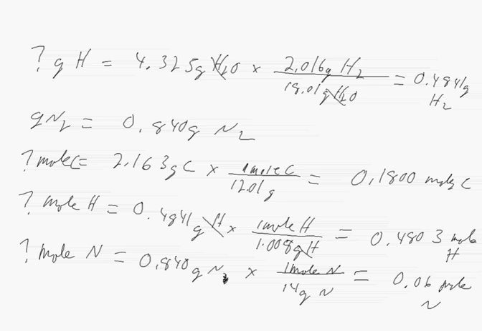So now that we know that, we have our carbon, which gives us 0.18 moles, our hydrogen, which gives us 0.4803 moles, and our nitrogen, which gives us 0.06 moles.